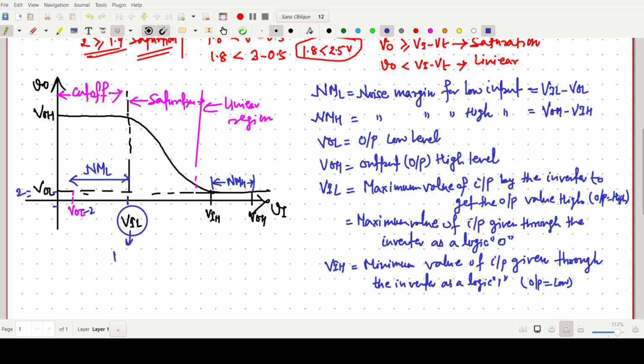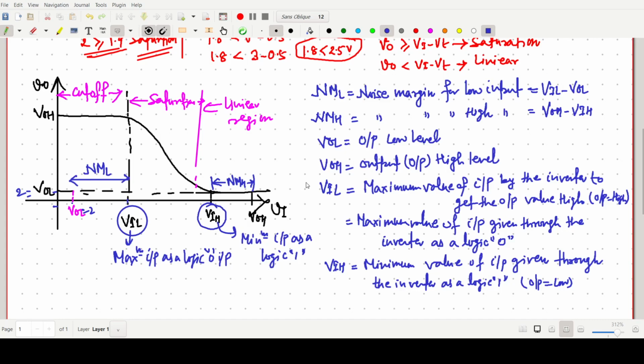VIL is the maximum input as a logic 0, and this VIH is the minimum input as a logic 1, high.